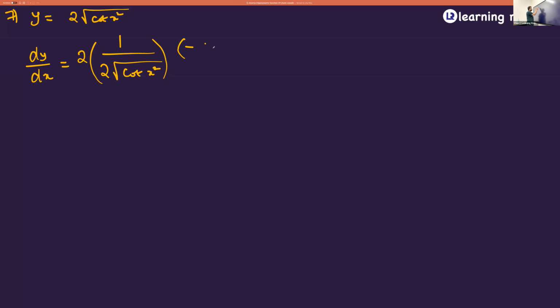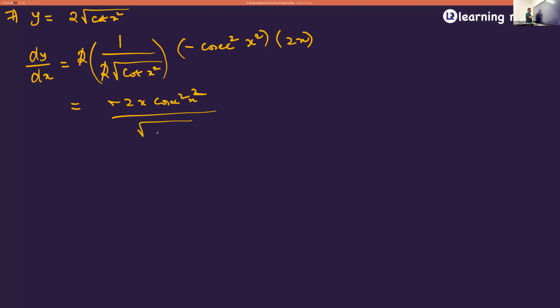So minus cosecant square, what should I write inside? X square, into derivative of x square, which is 2x. That's the answer. So this 2 and 2 will get cancelled. Minus 2x cosecant square x square divided by root of cot x square.